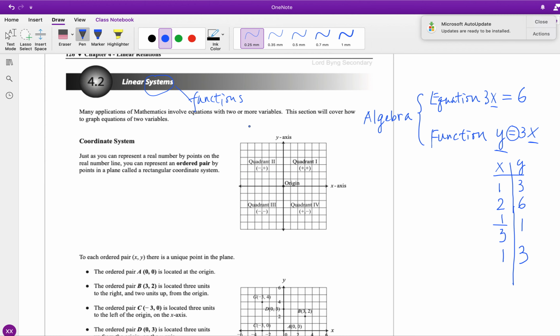Now take a look at this one. This is called a coordinate system. Another thing I want to call this is the Cartesian plane. Oh my gosh, my Cartesian plane.